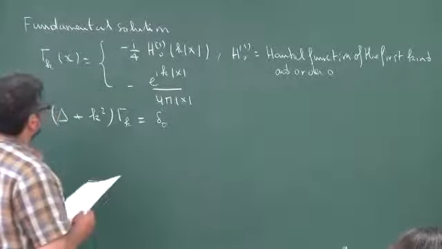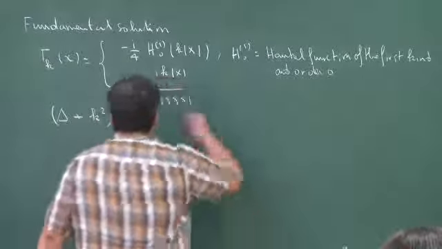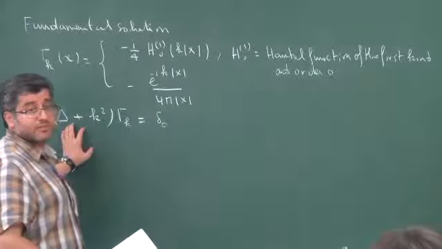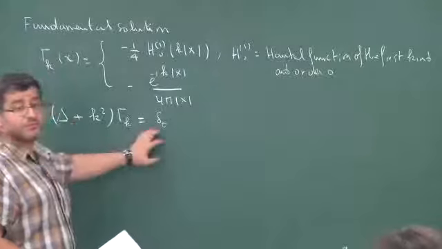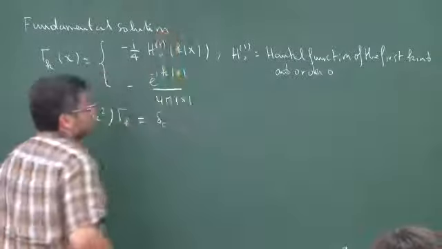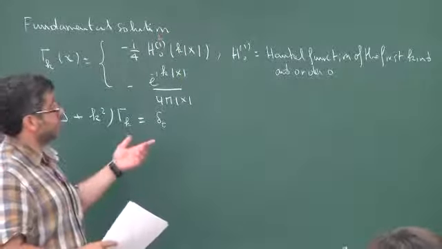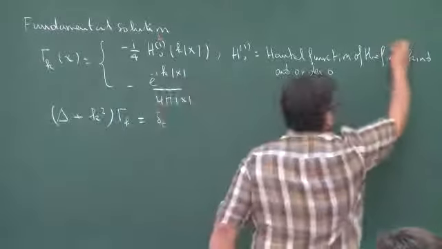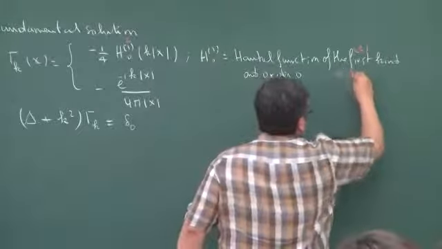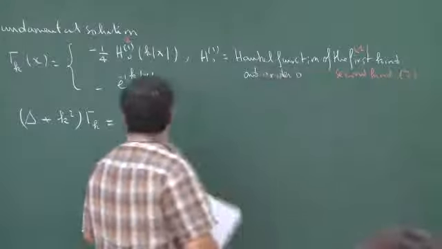Okay, actually if you change the sign here, it doesn't make any change. You put minus here, it's still a solution to this equation, Laplacian plus k square gamma k equal to delta 0. If you change this 1 to 2, there are two Hankel functions: the one of the first kind, with 1 here, and one of the second kind, with index 2 here.